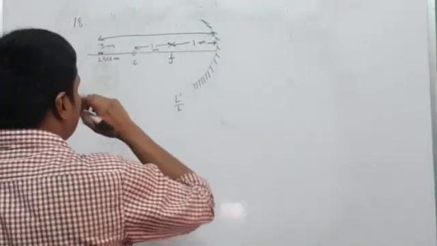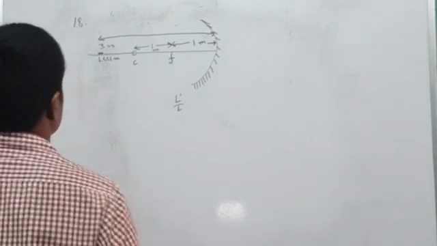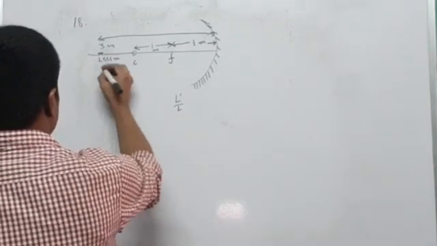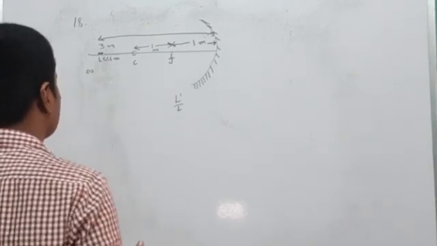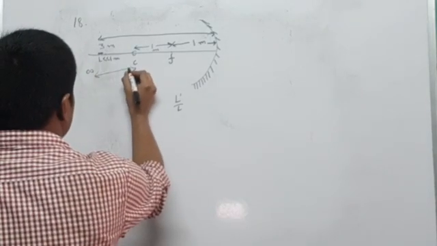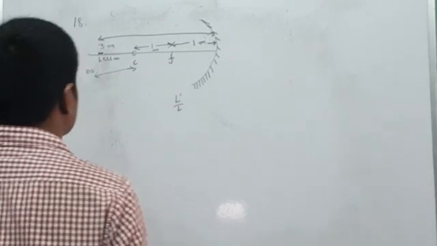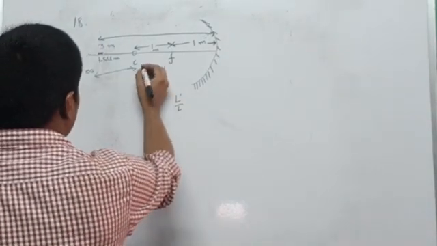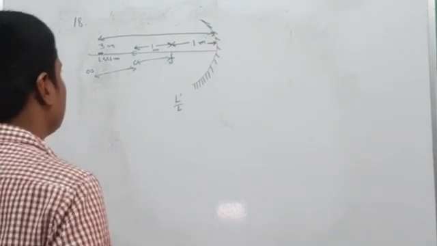If we recall the properties of a concave mirror, if you place an object somewhere between infinity and C, the center of curvature, an image is formed somewhere between the center of curvature and the focus.